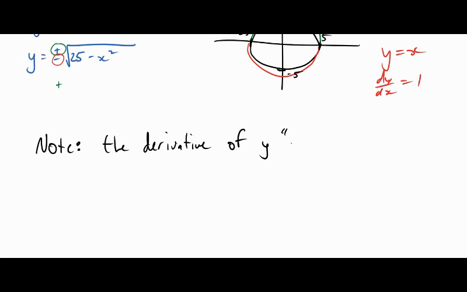So we actually have to take a derivative with respect to a particular variable. It's just usually x. So the derivative of y, as long as we're doing it with respect to x, is dy by dx. That's what it actually is.